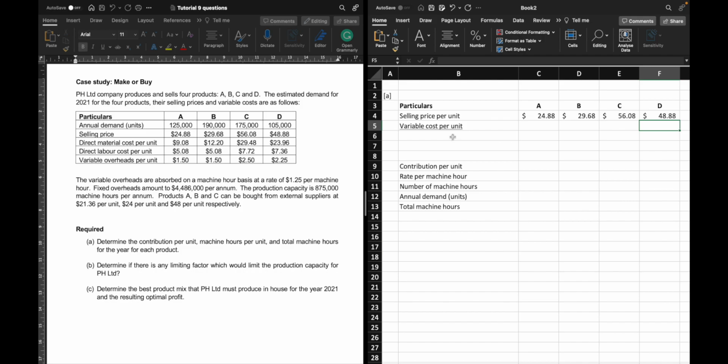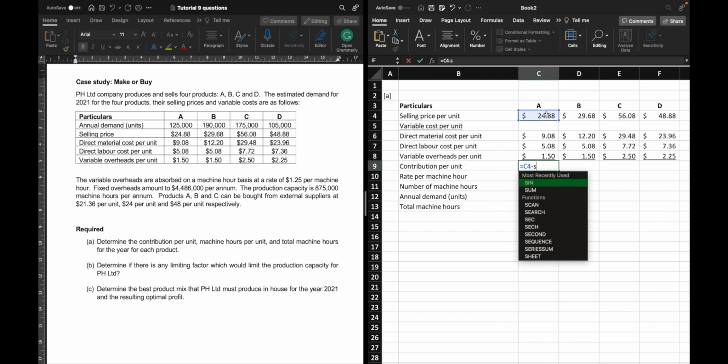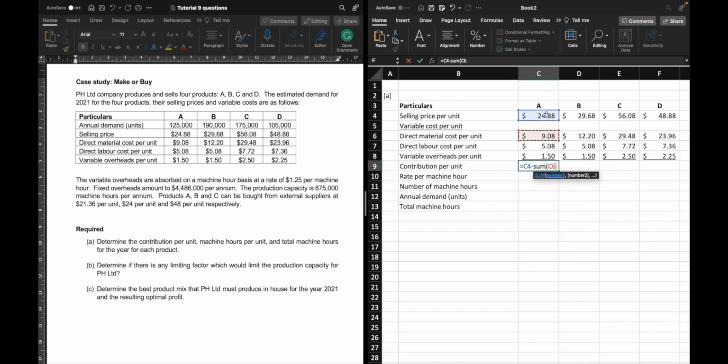Here we have 3 variable costs: direct material cost per unit, direct labor cost per unit and variable overheads per unit. So selling price minus the sum of variable cost per unit will give us the contribution per unit. Now this addresses the requirement of determining the contribution per unit.